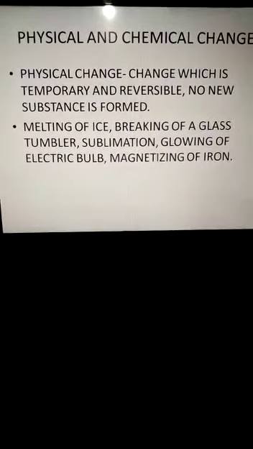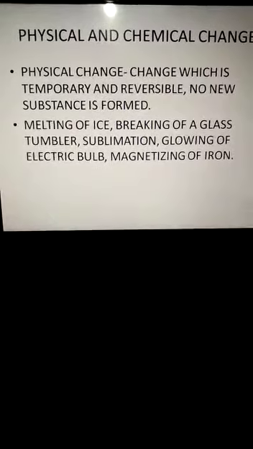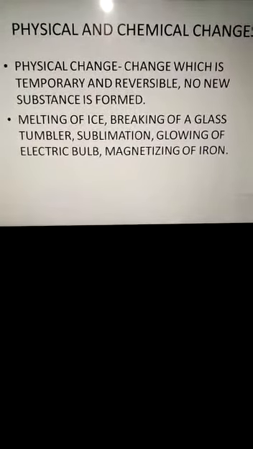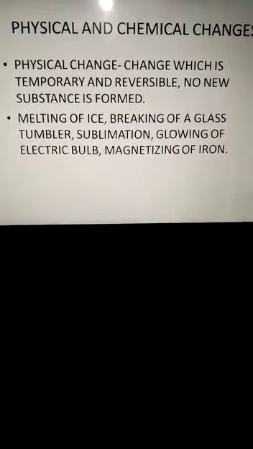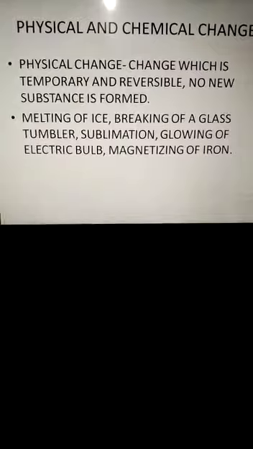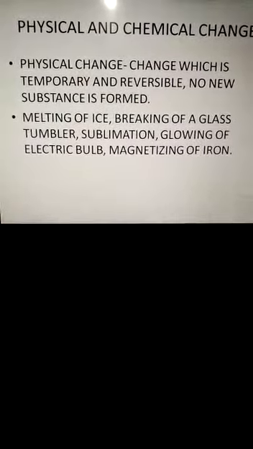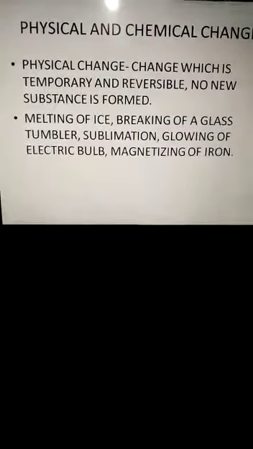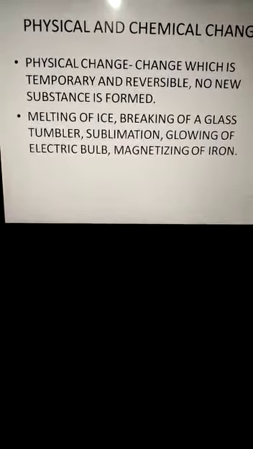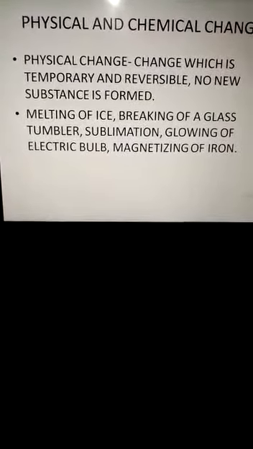Some examples with which we can understand physical change clearly are melting of ice, which we had discussed already in the first part, breaking of a glass tumbler, sublimation, and glowing of an electric bulb. When we switch off the bulb, the bulb remains the same.